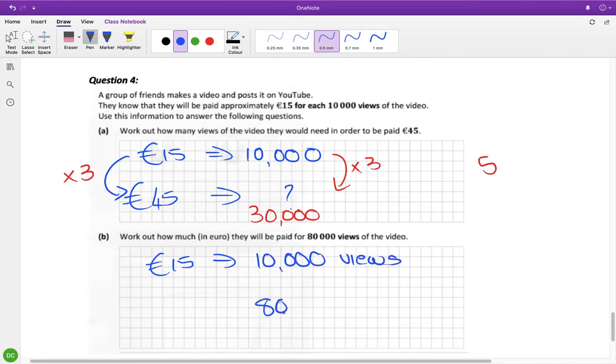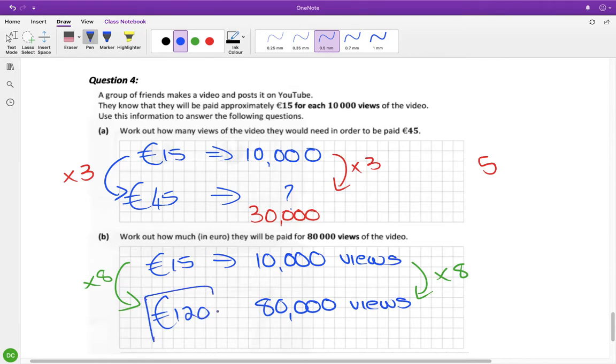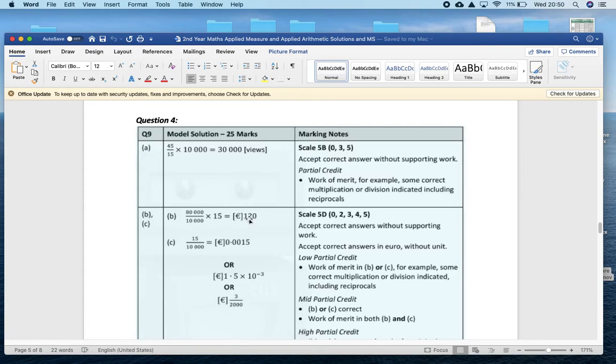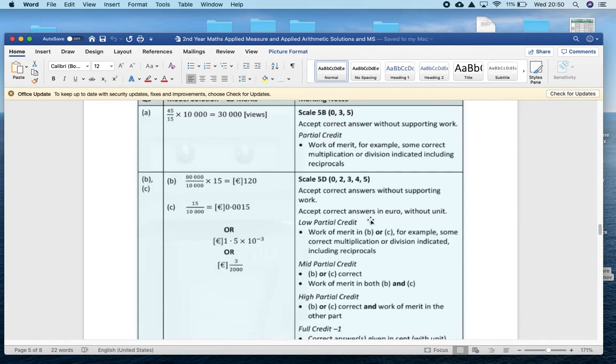So for 80,000 views, again we can look at this. This is 8 times bigger, so they would need to get 8 times the amount of money, which is €120. So, yep, €120 and 5 marks.